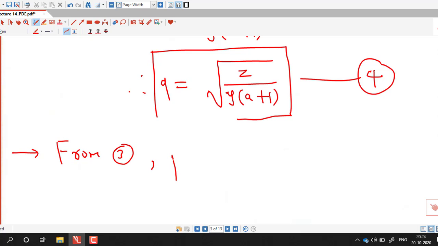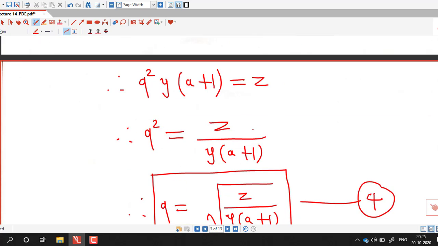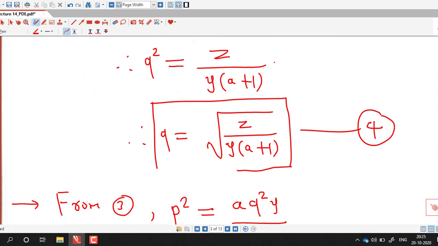From 3p² = a q² y divided by x. Let me check again. Okay, from this I obtain p² equal to a q² y divided by x, and q² we can replace by z upon y into (a plus 1).